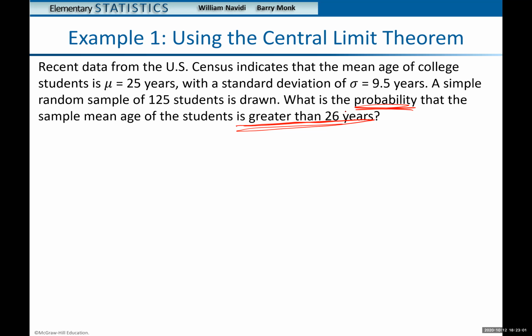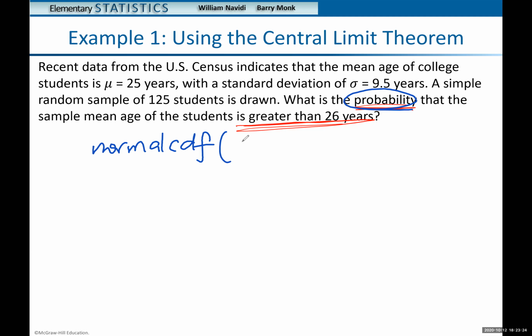So again, for this, what is the probability? Meaning you have to use normal CDF. So remember I told you for chapter 7, if you need to find the area, the proportion, the probability, you have to use normal CDF.